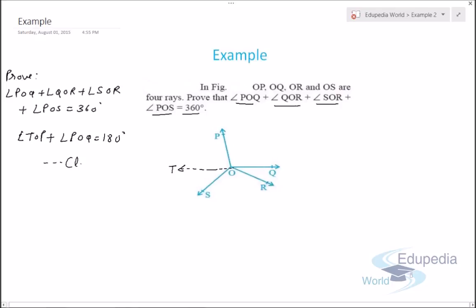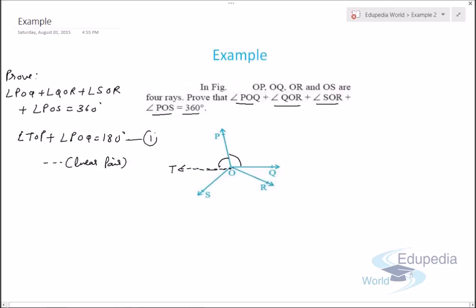How? Because this is a linear pair. We can clearly see that if we consider this as a line, this angle plus this angle will be a linear pair. So angle TOP plus angle POQ is 180 degrees.